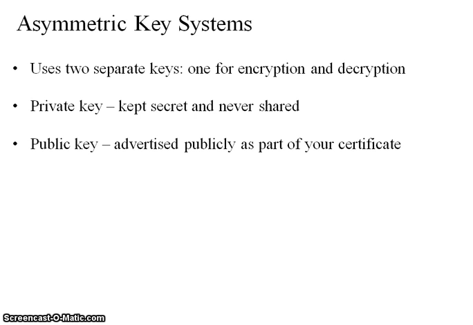Now, how can we overcome that problem? To sort out that issue, we can have an asymmetric key system, with two different keys. One key is used for encryption and the second key is used to decrypt the data. One key is called a private key and the other is called a public key.